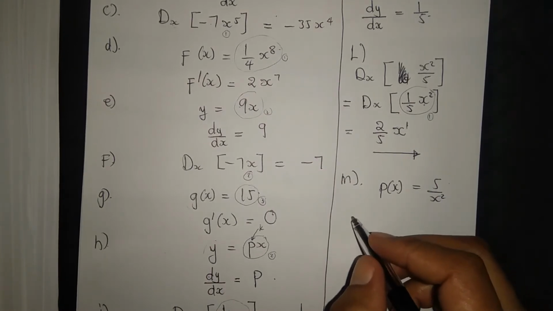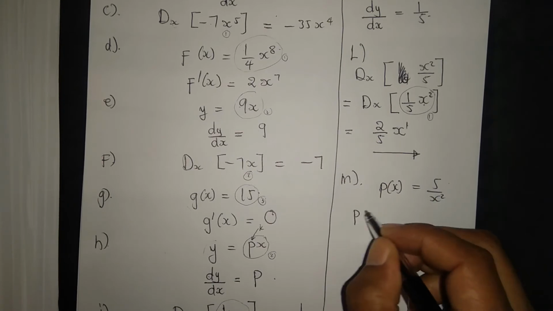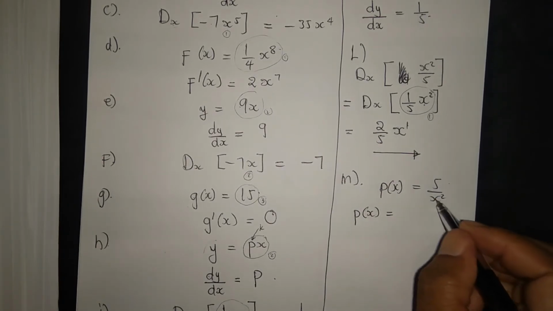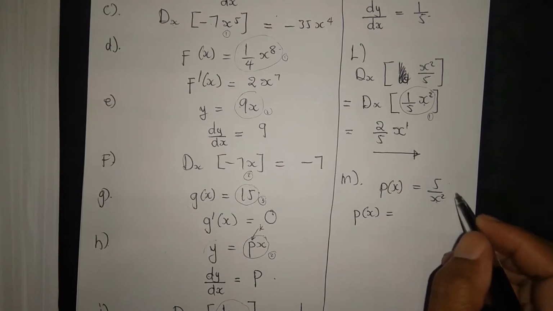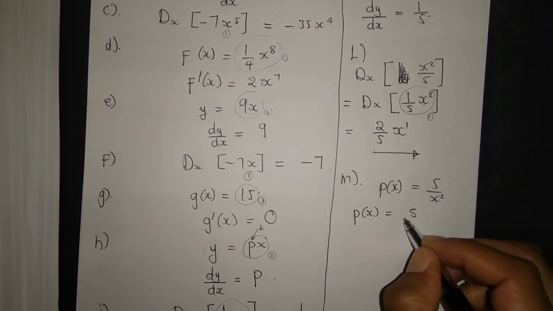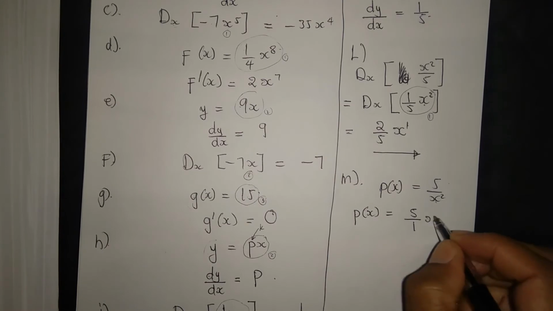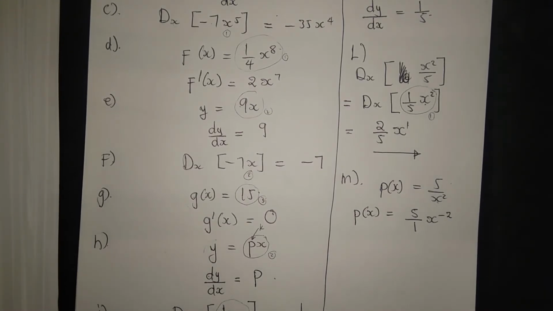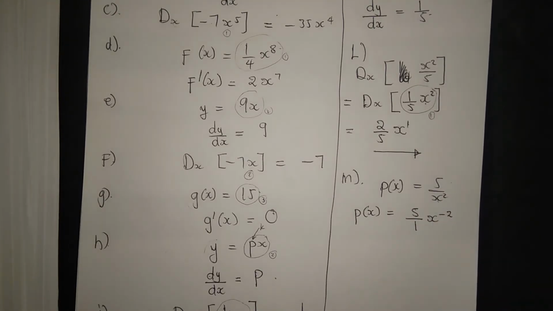P of x, so kwamele si adjust kuqala. Adjust u-p of x kuqala. Ngoba u-x uyi denominator kwamele simbeke kuphi eceleni. Kuyoba u5 over 1 x minus 2. X exponent minus 2. Why is it minus 2 now? Because lo x usuka ngaphansi. X nangabe usuka ngaphansi umbeka la eceleni kwamele abe nani ne-negative exponent.